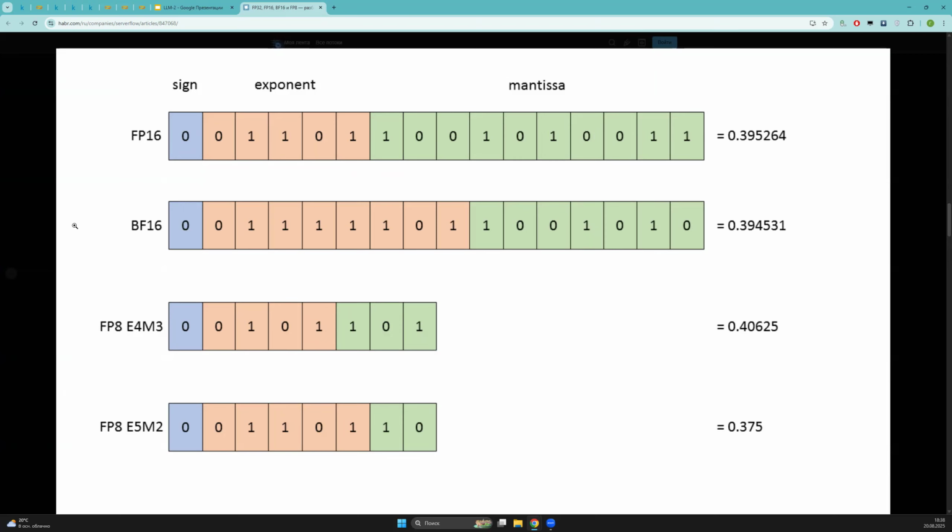But because of this, it can approximate less of the real number line. There are infinitely many numbers on the real line that this type cannot fit. You cannot represent certain numbers with float 32, that's it.